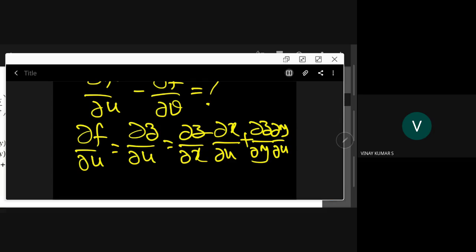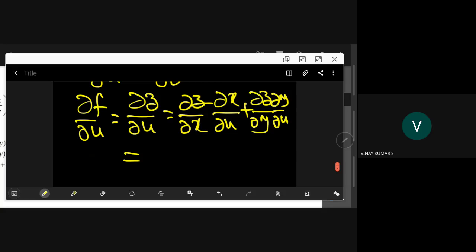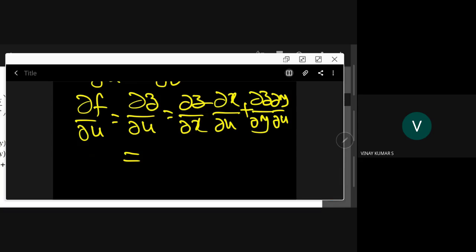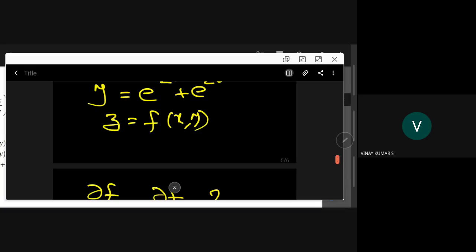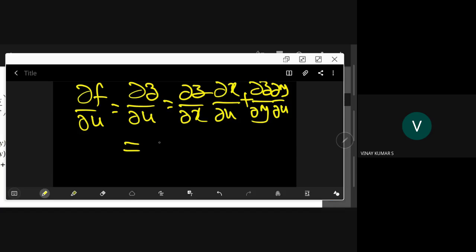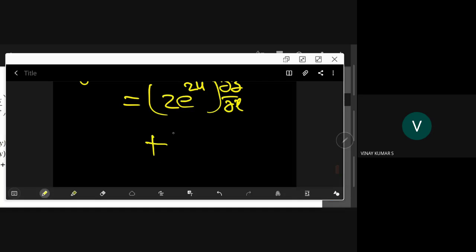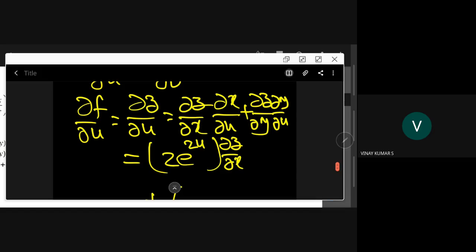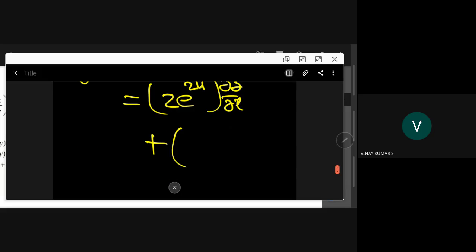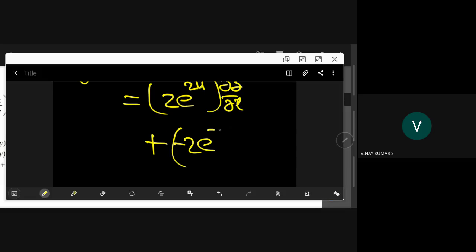So this is equal to ∂z/∂x; I keep it like that. ∂x/∂u, you can easily see here, ∂x/∂u is 2e^(2u). So 2e^(2u) into ∂z/∂x plus the other one, ∂y/∂u, which is −2e^(−2u), into ∂z/∂y.